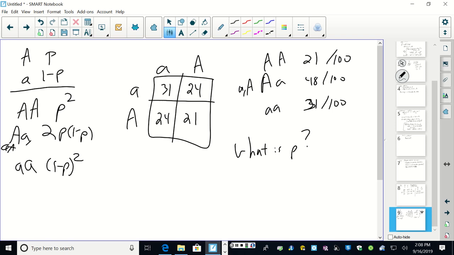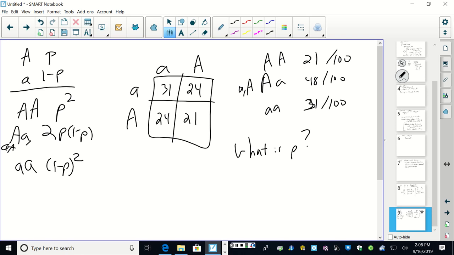So what would be one suggestion? Is it as simple as taking the square root of one of these things? So here's p squared.